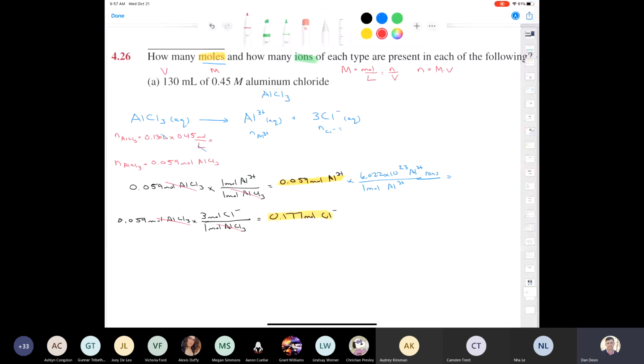You can see that moles of aluminum 3+ are going to cancel out, and I end up with the number of ions. Now, did I calculate that? I did. And you end up with 3.6 times 10 to the 22 ions of Al3+.